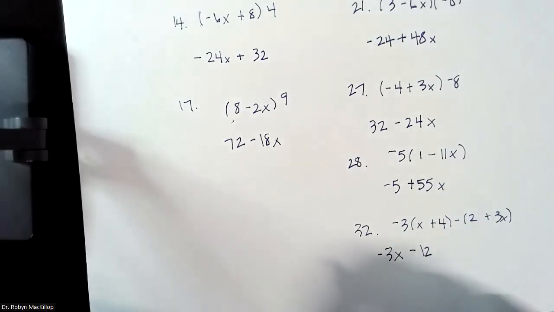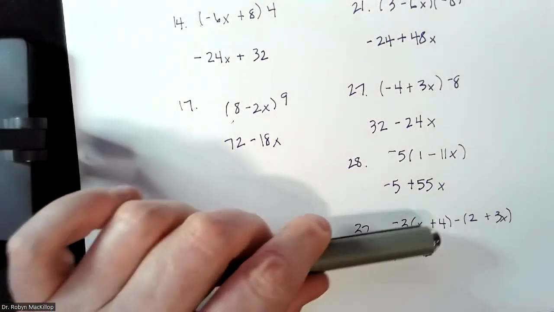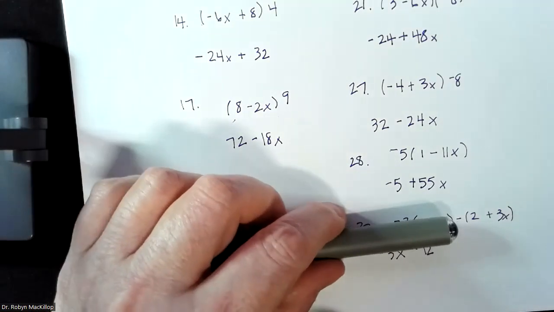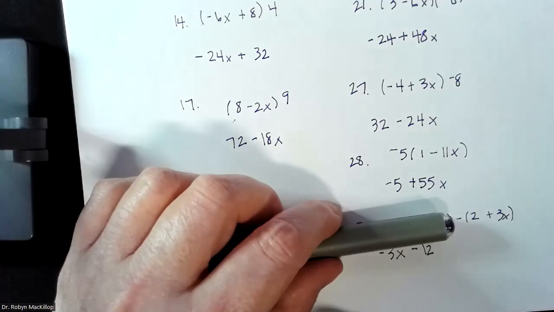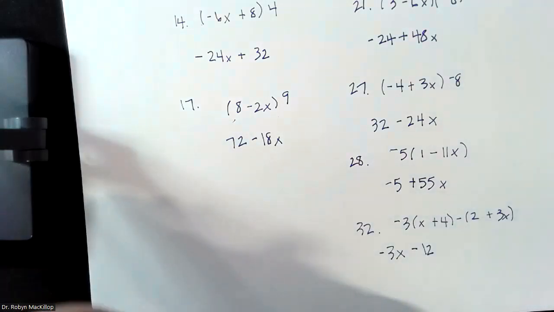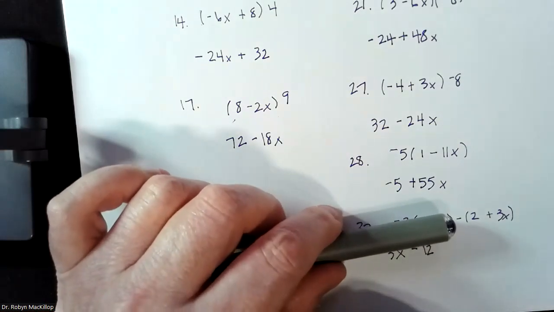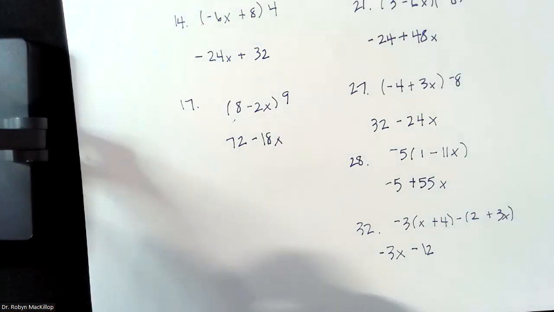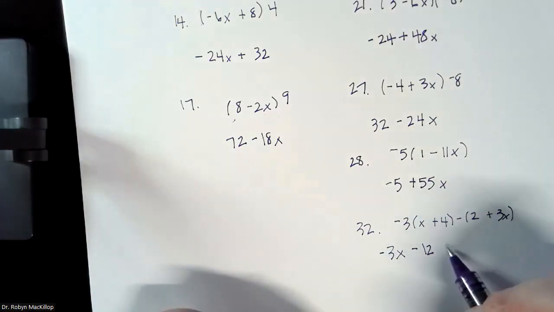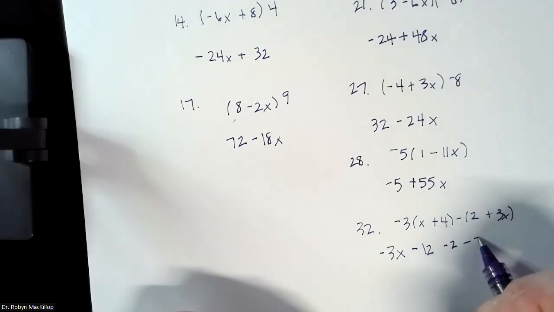Now you are done with this part, so ignore that because you're done with it. Now you've got -2 or -2 plus 3x. That's the key there, is don't forget that negative. That hits the 2 and the 3x. So it's -2 minus 3x.